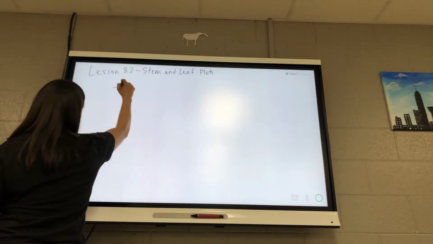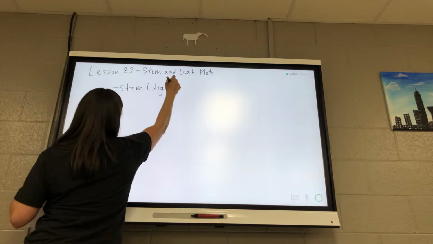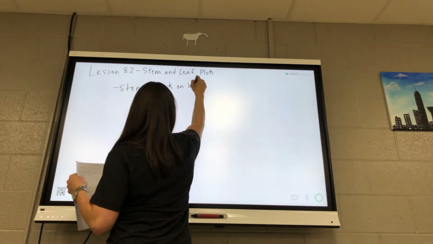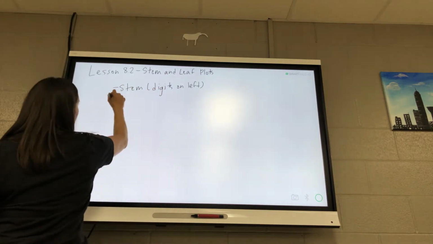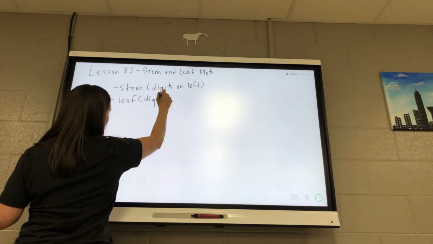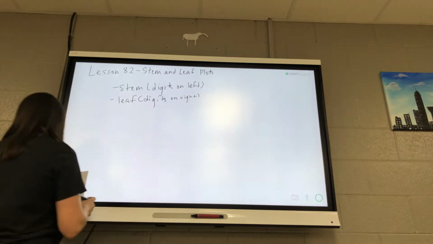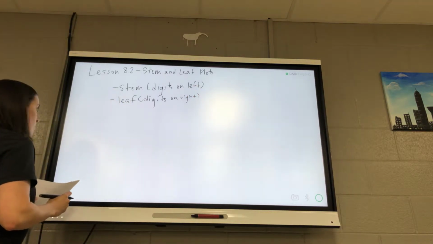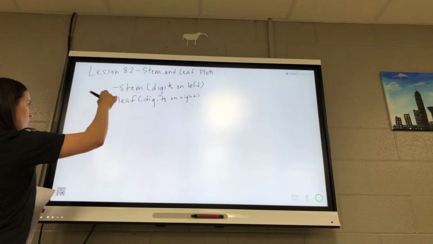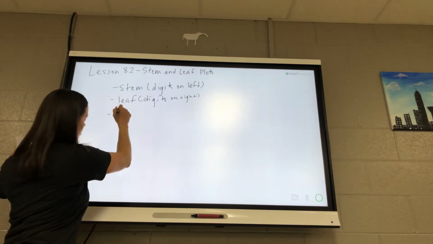The stem is the digits on the left. Our leaves are our digits on the right. We use stem and leaf because it's an easy way to show how our data is distributed.